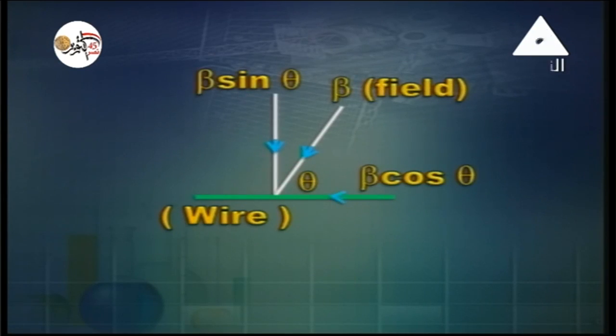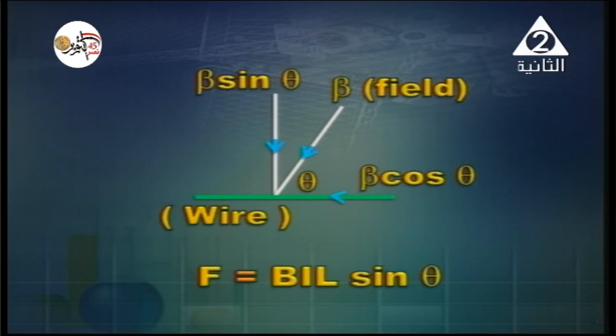Resolving the field into 2 components, one parallel to the wire, B cosine theta, has no effect, and the other component acts perpendicular, B sine theta. So the general expression will be BIL sine theta. Theta is the angle between the field lines and the wire.